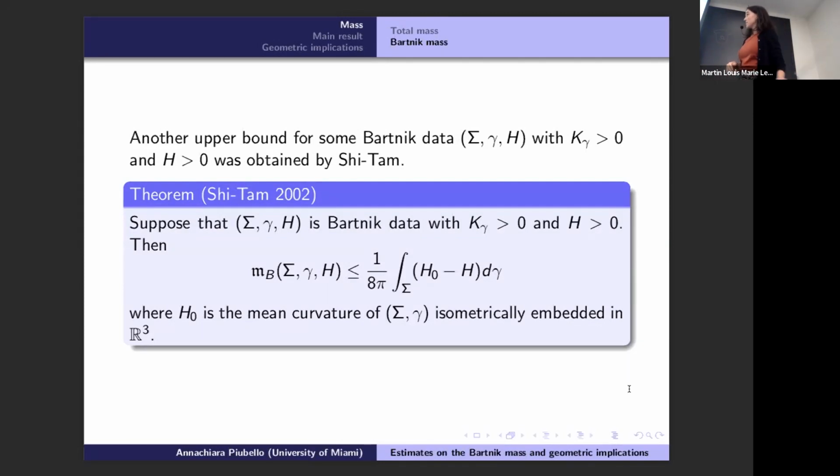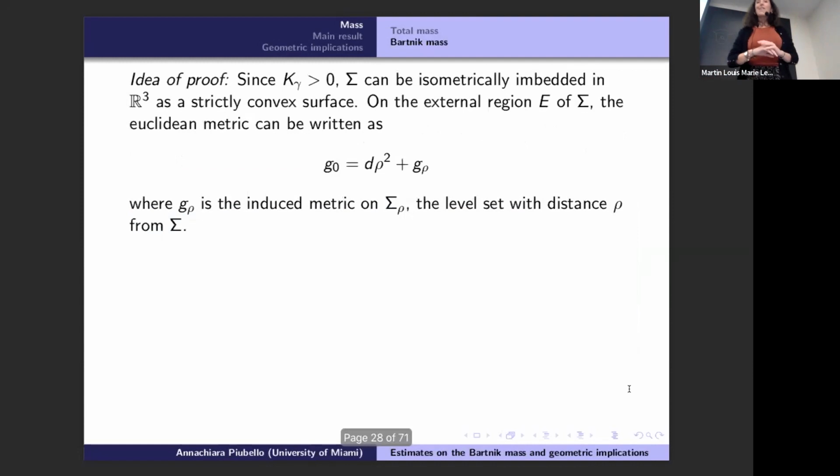Then the Bartnik mass is bounded above by 1/8π times the total mean curvature of sigma when isometrically embedded in R3, minus the total mean curvature H. And since their construction will be relevant for the construction that I'm going to show later, I will just give you a very rough idea of how it works. I will leave out all the details, just to give you an overview.